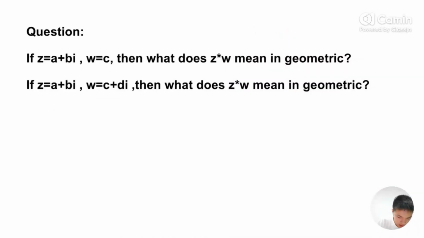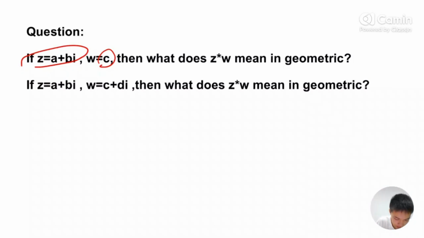Question. If z equals a plus bi, w equals c, and c is a real number, then what does z multiplied by w mean in geometry? It means we change the length of this vector z, but not the direction.